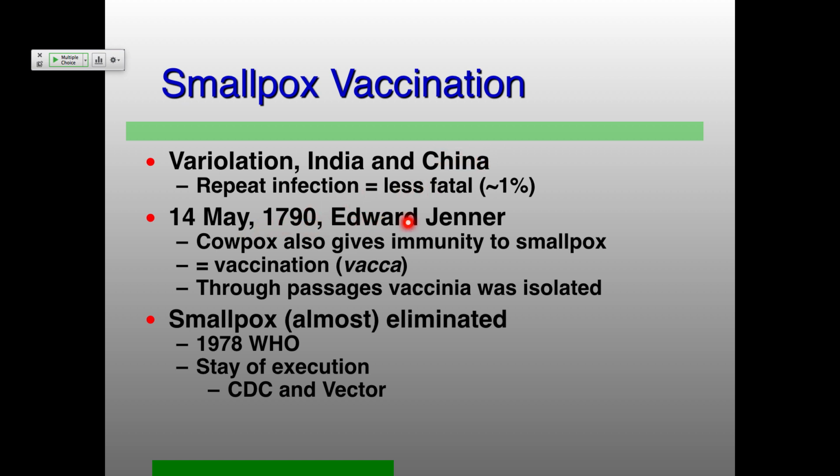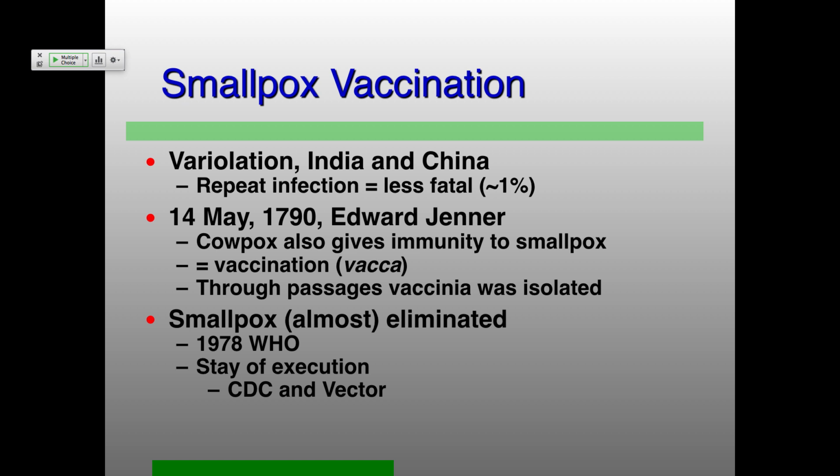But then Edward Jenner, who some people have said is sort of the hero of public health, came up with this hypothesis that the milkmaids who weren't getting sick from smallpox might actually have a disease that could protect against smallpox.